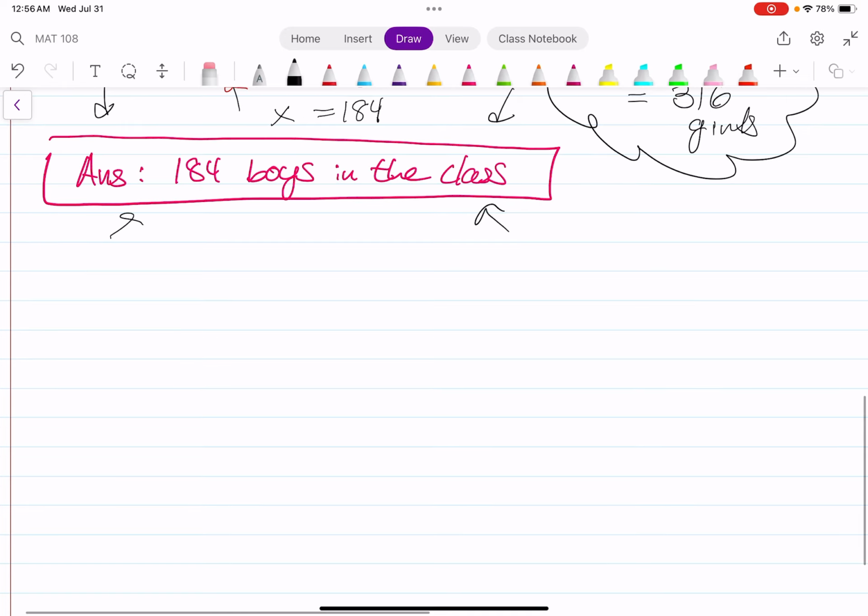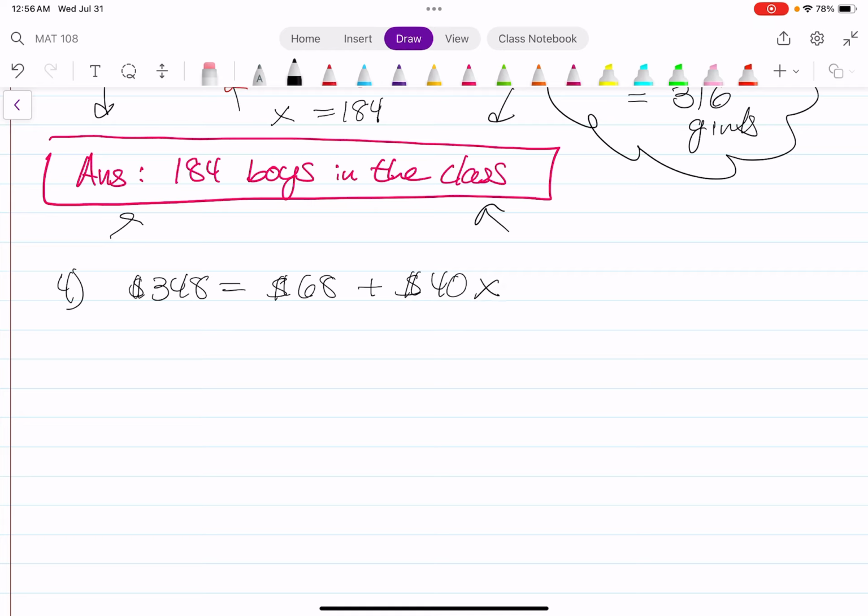Let's go down here. Number 4, our equation is $348 equals $68 plus $40 an hour. And there you go. You want to solve for x. You want to get x by itself in this case. And x, I want to say, equals number of hours. You must define what the variable represents.